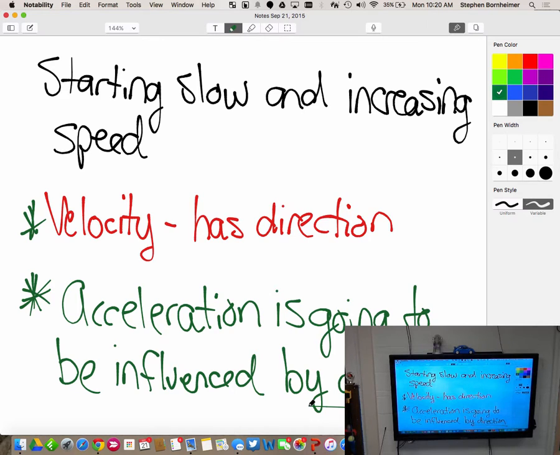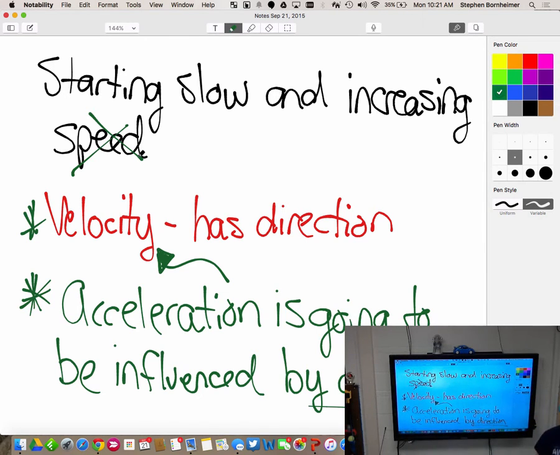So direction is important, you're right. Acceleration is going to be influenced by direction. That's true. All right, so velocity has direction. Acceleration uses velocity in its definition, not speed, which implies that direction is going to be influential here. So let's recap.